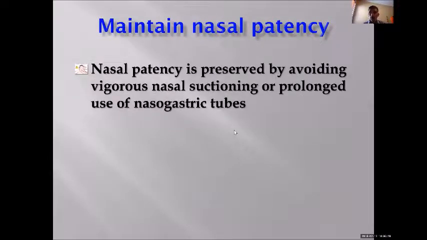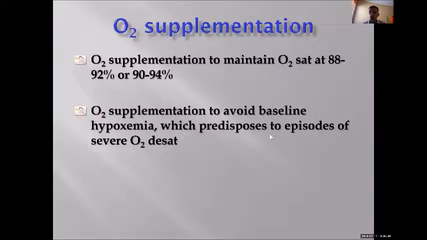It is very important to maintain nasal patency, whether there is suctioning, switching the nares for nasogastric feeding, or when we apply CPAP. You need to make sure that the nose is patent. We need to give oxygen and maintain the saturation.